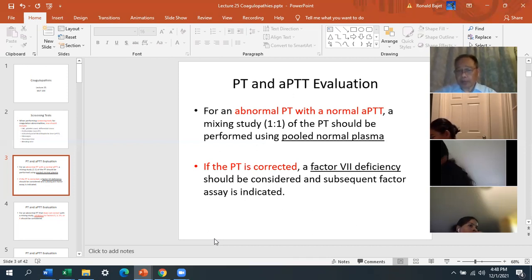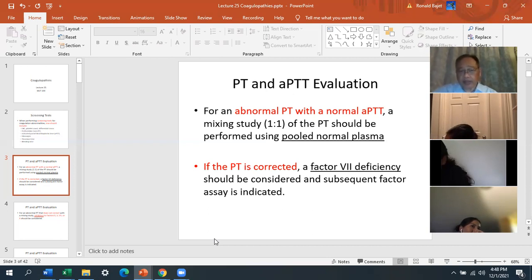The pooled normal plasma has all the factors present. When you do a one-to-one mix with the patient's plasma, suspected of possibly having a factor deficiency, you would hope that there would be correction. So you take your solution of the one-to-one mix and you retest it.